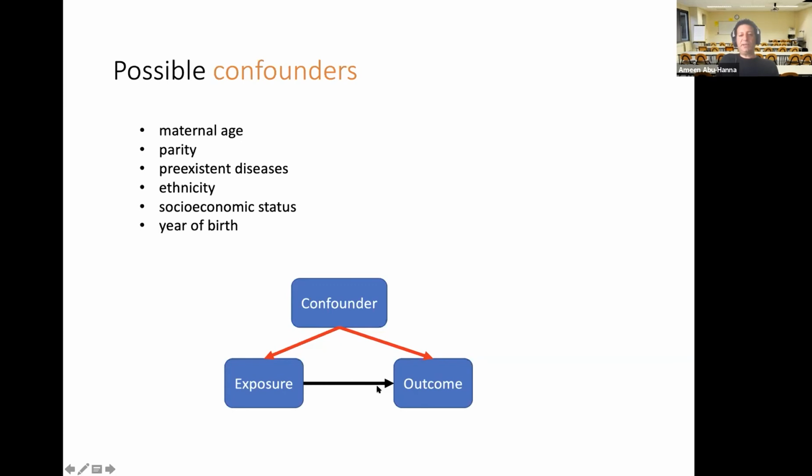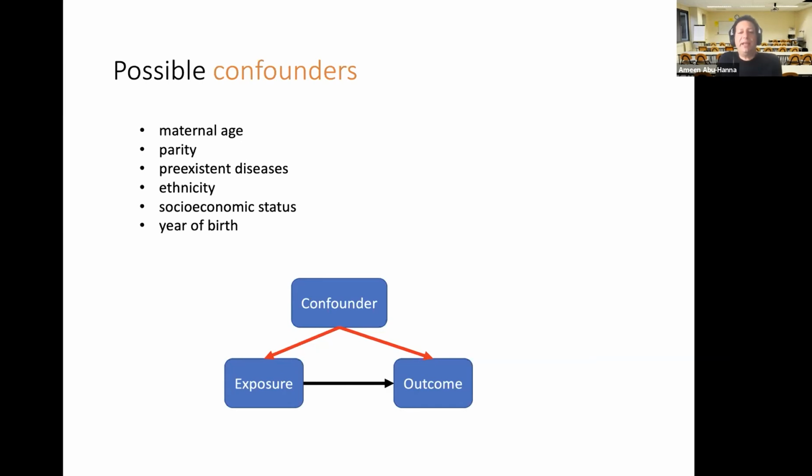So when you study this relationship, maybe you are not measuring the causal effect of the exposure on the outcome, but you're measuring the differences in the confounding factors. So in order to study this, we have to break the lines to make this confounder not active. So we have to inactivate it.